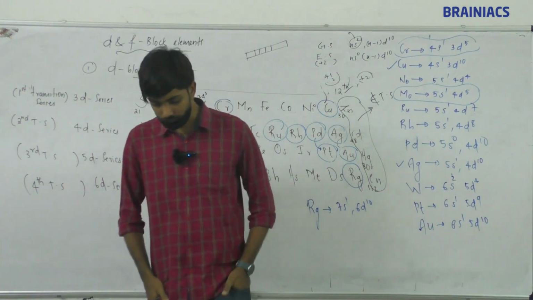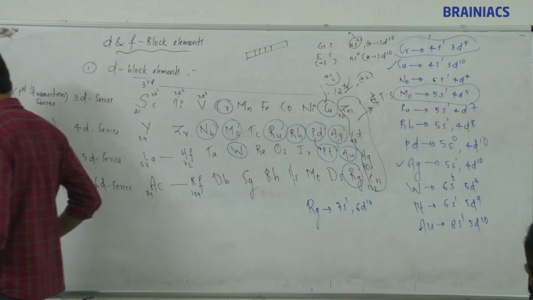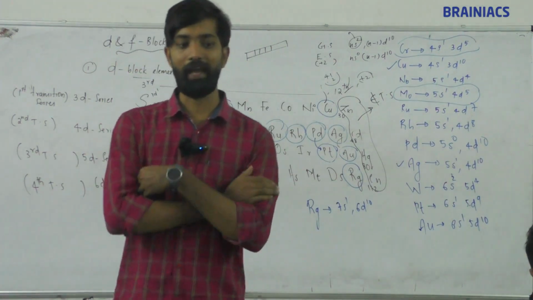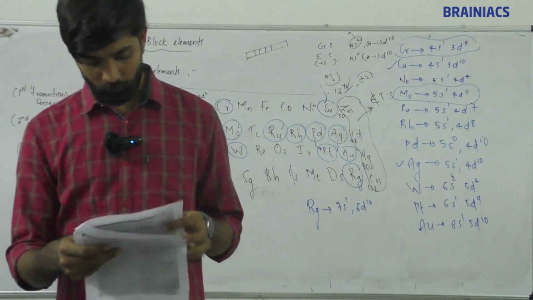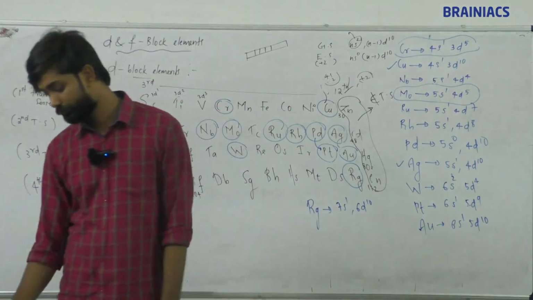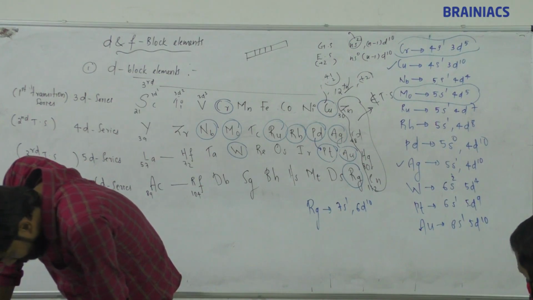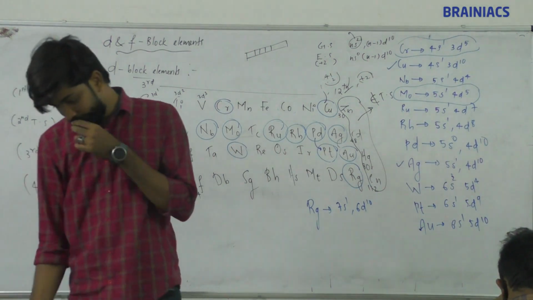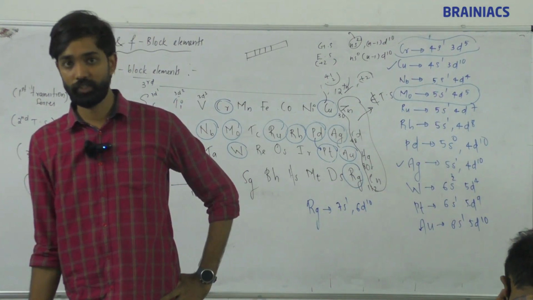Definition: an element is said to be a transition element if it has a partially filled d orbital in its ground state or any common excited state.